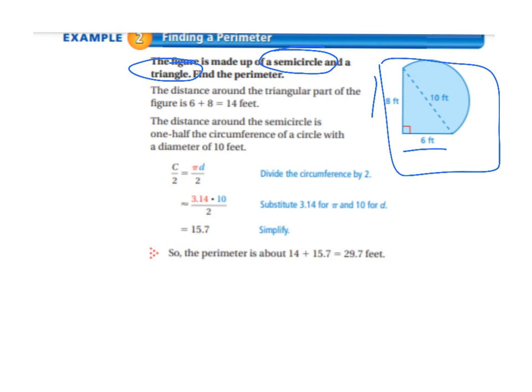So circumference divided by 2 equals pi times the diameter, divided by 2. We estimate pi to be 3.14, and we multiply that by our diameter, which is 10, and we divide that by 2, and we get 15.7. Then we add that to the 14 feet that we already had, and that gives us 29.7 feet.